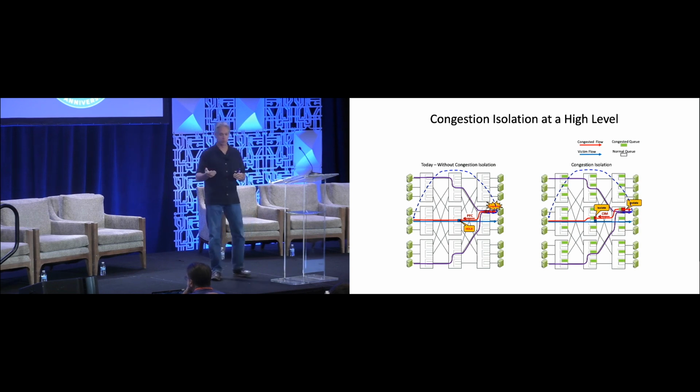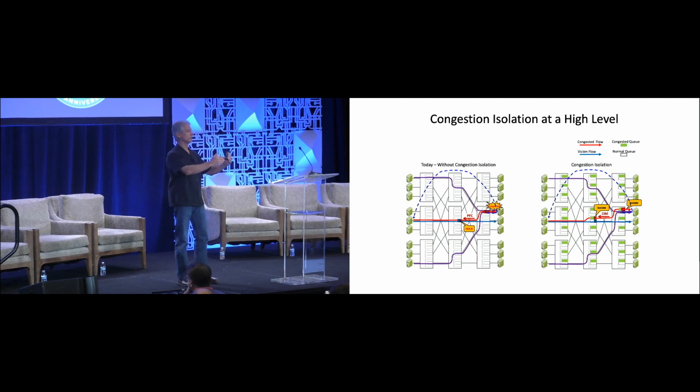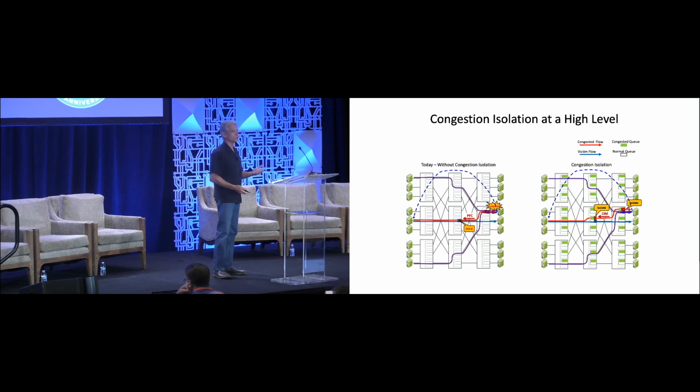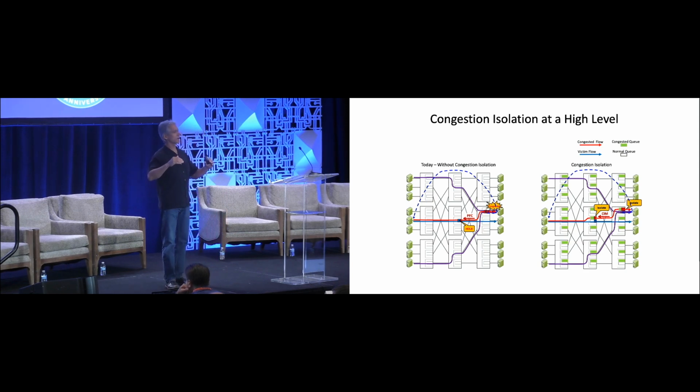So the upstream switch will now do the same thing. It'll isolate the flow and move it to a different traffic class, and as a consequence we've moved it out of the way, so we've eliminated the head-of-line blocking. In this example, the blue flow is able to go through the congested path without experiencing any delay. Fundamentally, we're moving that congested flow out of the way.